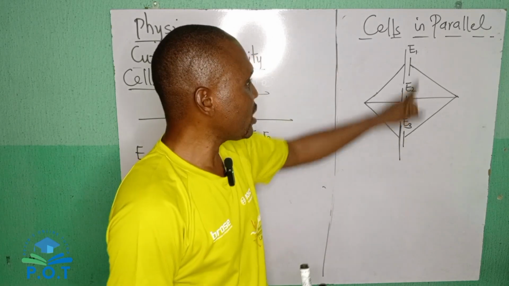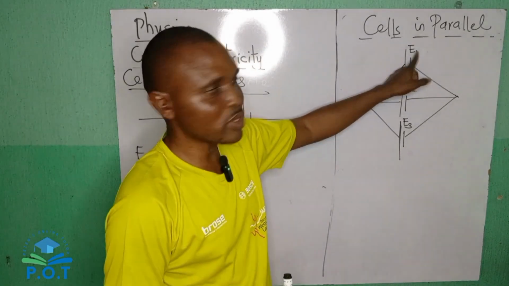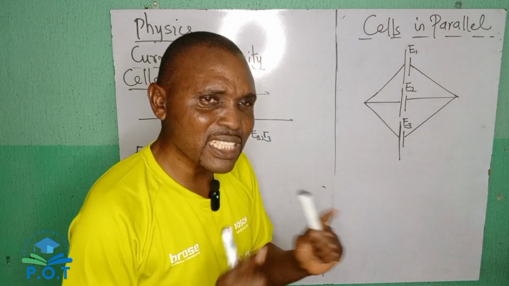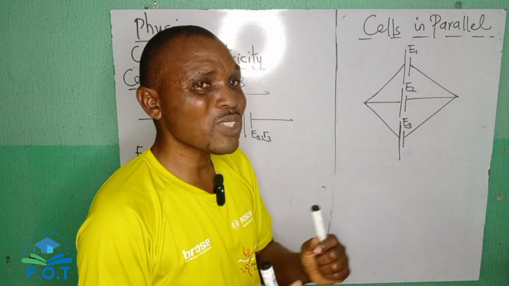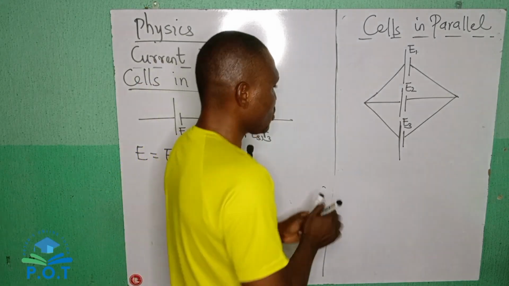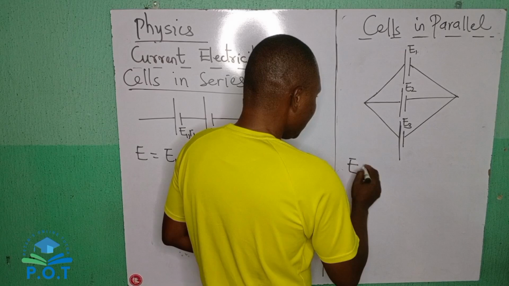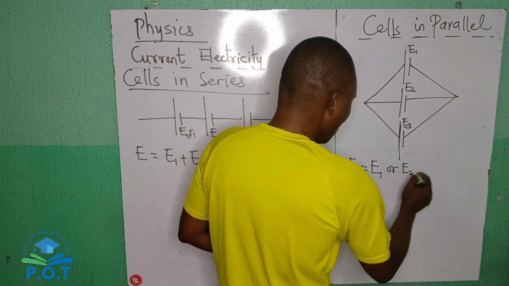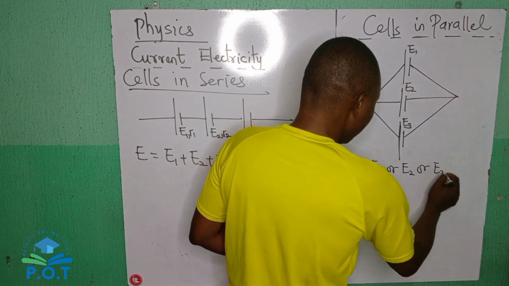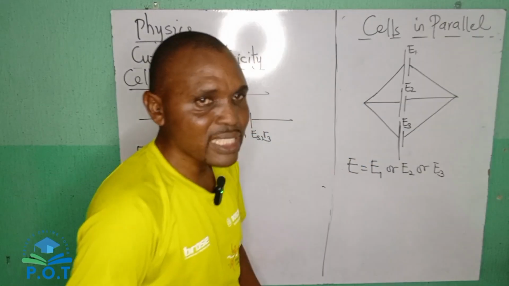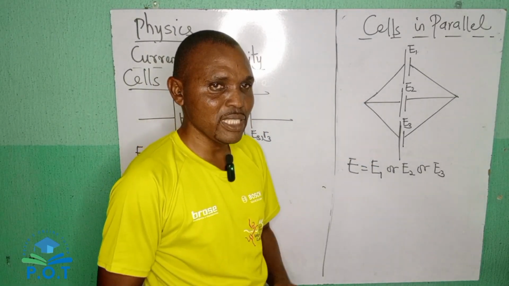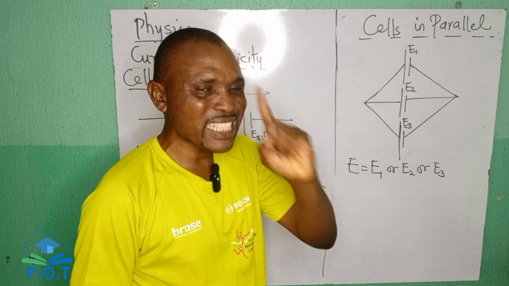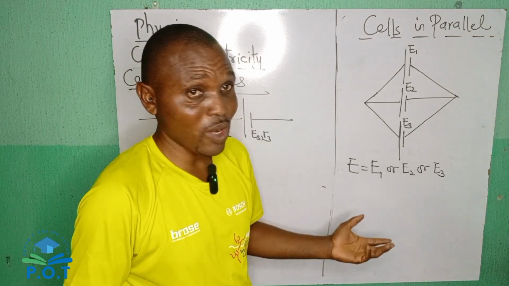So if here is 10 volts, here will be 10 volts, here will be 10 volts. Now, to calculate the effective EMF of cells in parallel, it's going to be E equals E1 or E2 or E3. So the effective value of the EMF is equal to one of the EMF of the cell. Why? Because they are all the same.